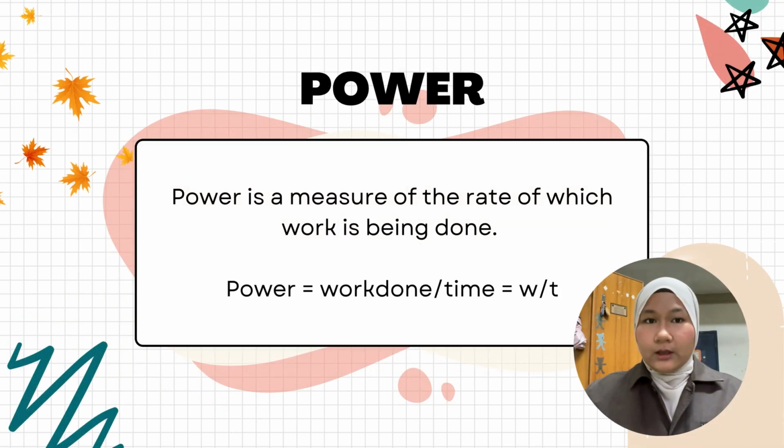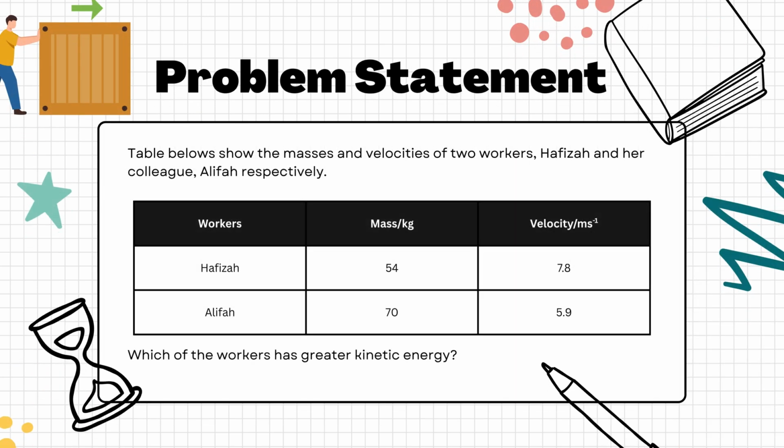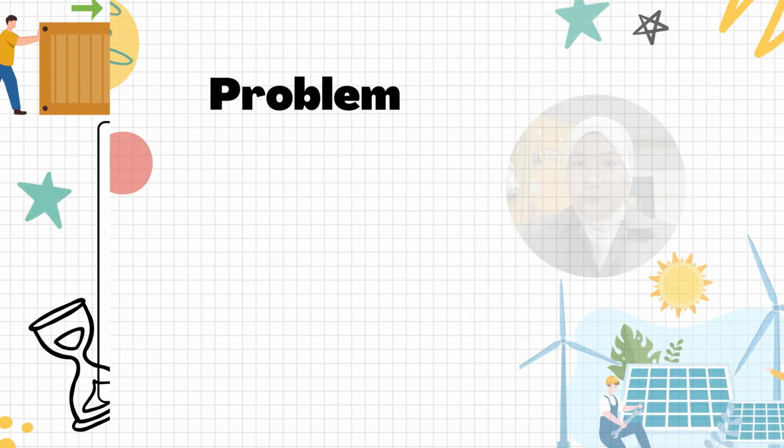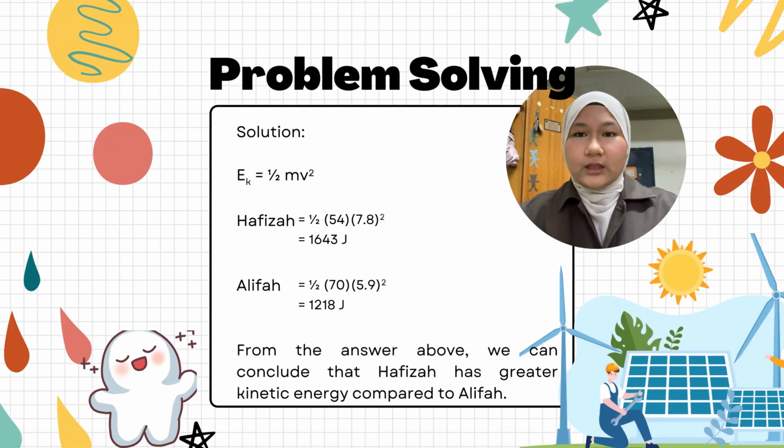Now, power. Power is a measure of the rate at which work is being done. Problem solving. Step first, we know that the formula for kinetic energy is 1/2 mv squared. First, we need to calculate the kinetic energy for Hafizah.